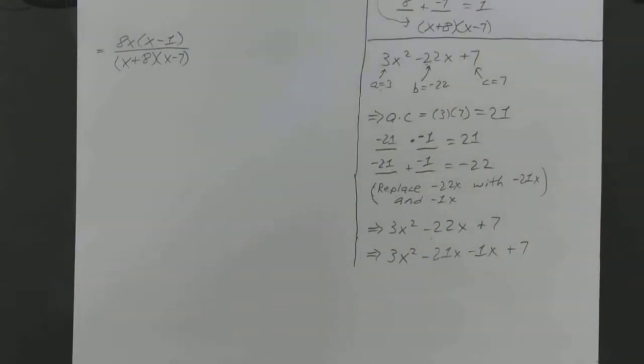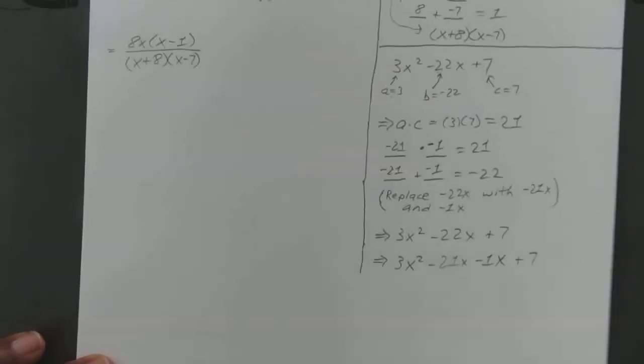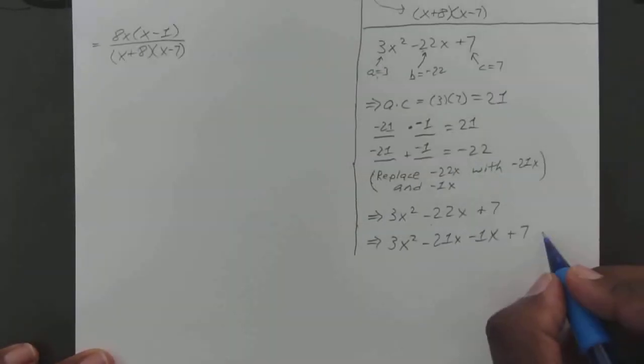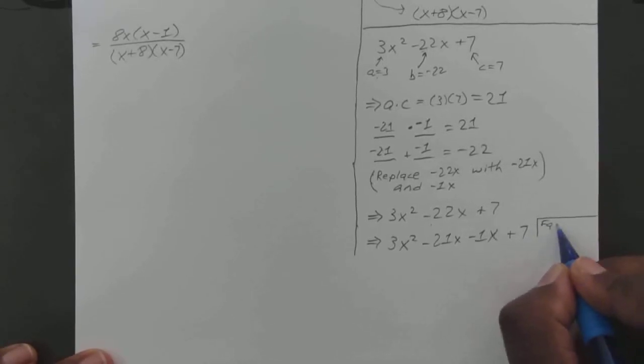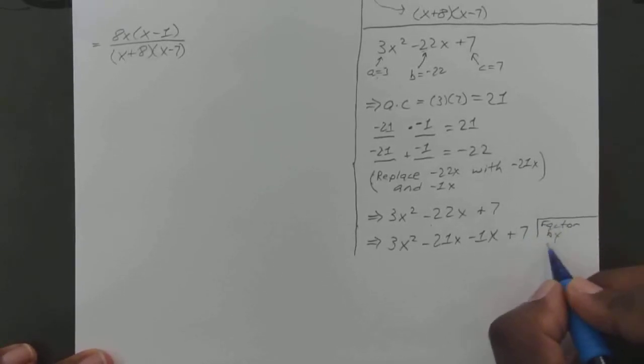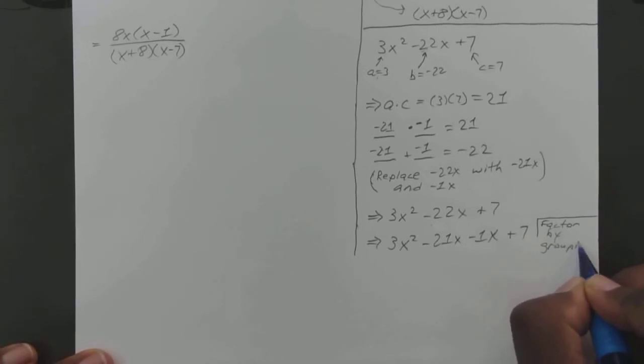Okay. Now, if you put negative 1x minus 21x, you still get the same thing. The only difference is they'll switch the factors up. Okay. So now we factor by grouping.